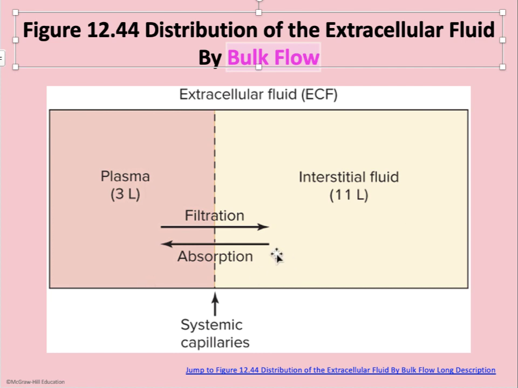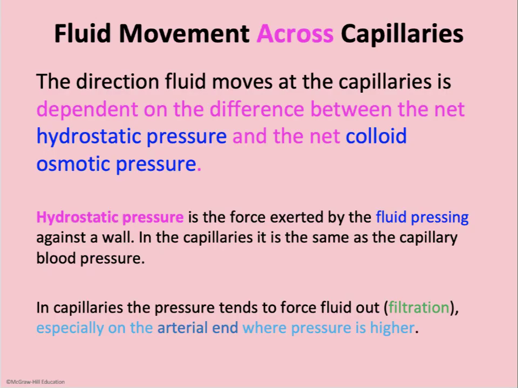At the same time, absorption of waste products and carbon dioxide takes place again back into the blood. The movement of materials across capillaries is governed by both the physical forces and the chemical nature of the components present in that environment. The net movement is dependent on a number of other parameters.